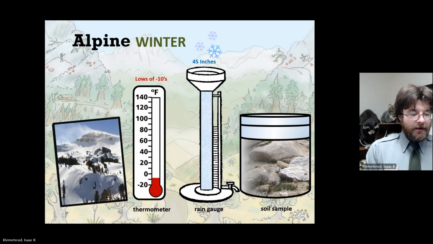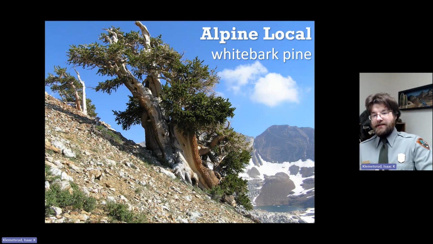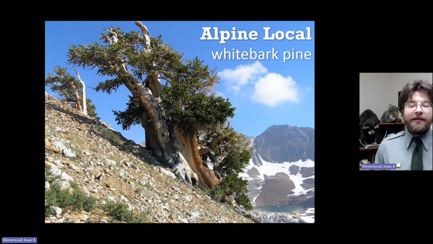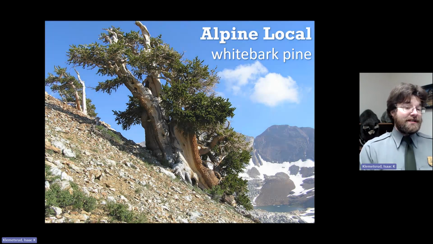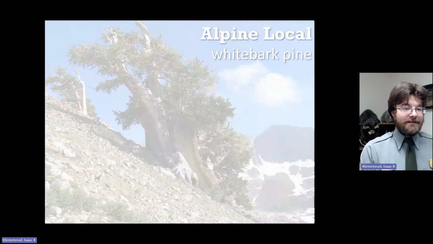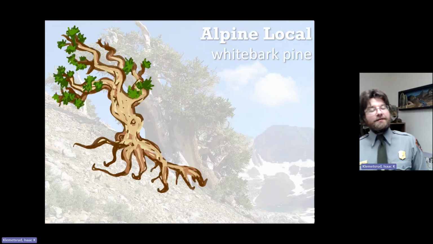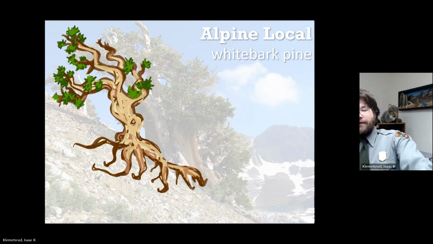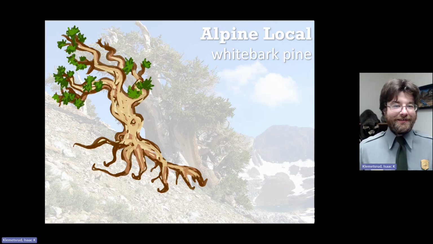And if you're going to live up there, you're going to have to be pretty tough, just like our white bark pine here. This is one of the trees that can grow inside of the alpine zone. And the reason for that is because this alpine tree, its roots don't go very deep down and they don't spread very far. But if you notice, its roots kind of look like they're an octopus's arms.